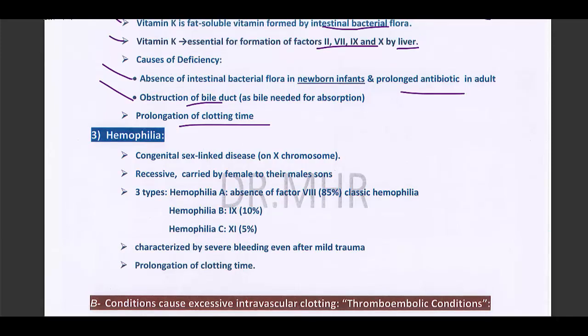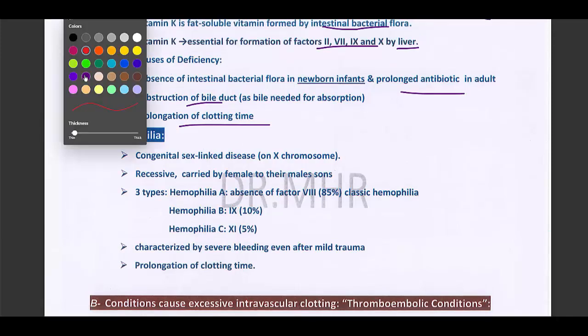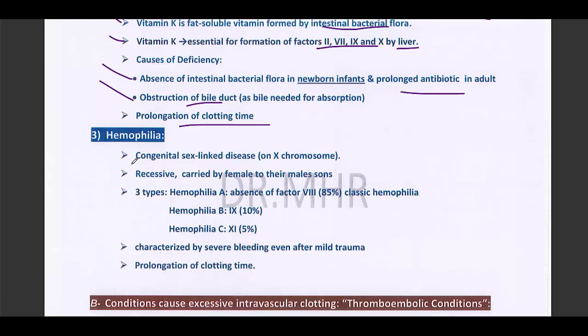Now, let's move to hemophilia. It is a congenital sex-linked disease on chromosome X. It is recessive and carried by females to their male sons because it's transferred by the X chromosome.